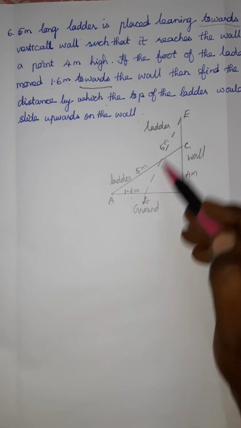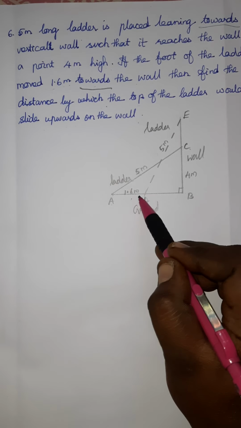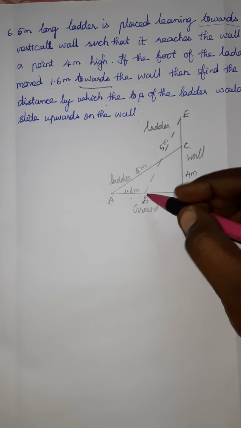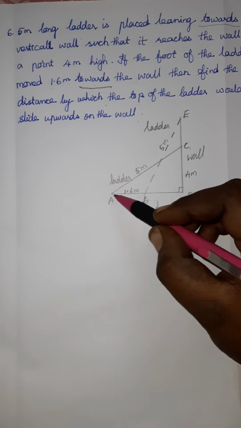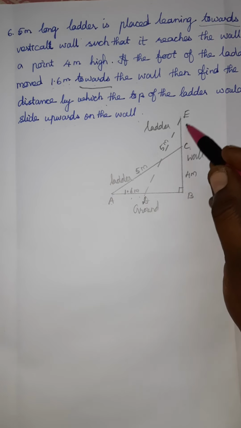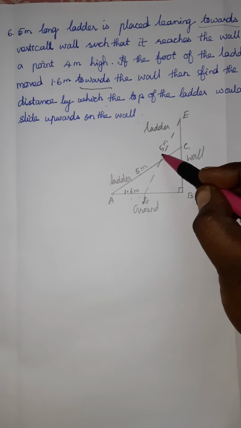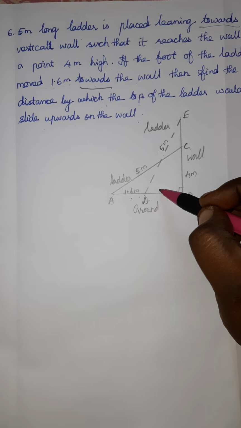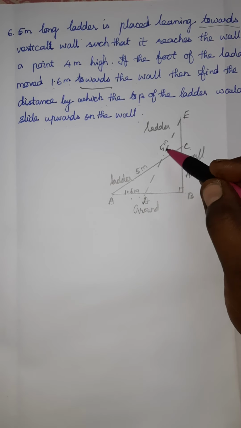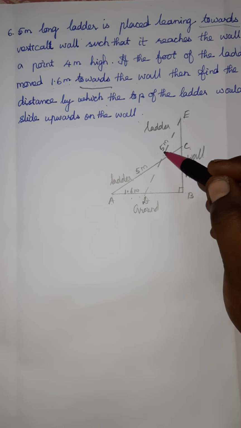DE is the second position. So AD is 1.6 meter. Since the same ladder is moving, there is no change in the length. So DE is also 5 meter. Am I correct? Same ladder only we moved, so there is no change. DE equal to 5 meter.